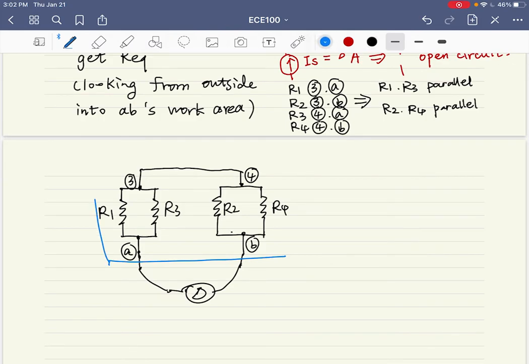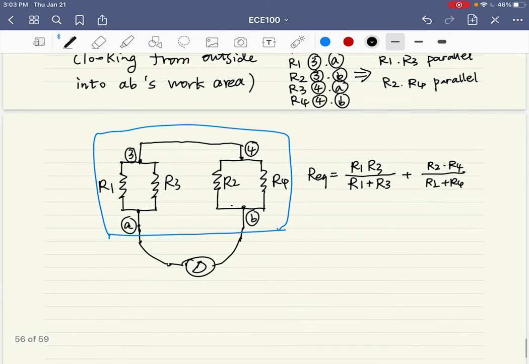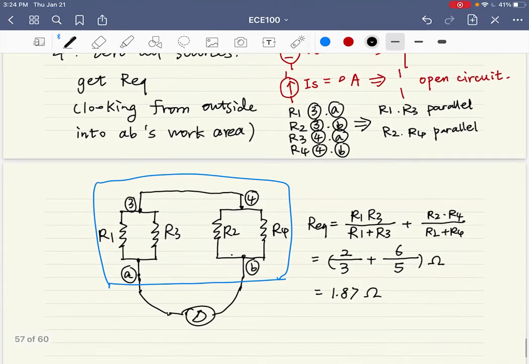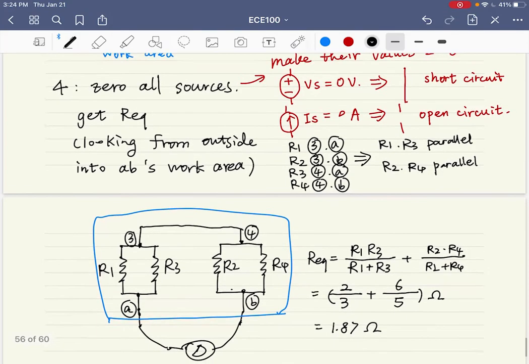And that is how we get the equivalent resistance. Let's substitute the values to check if it is the same as the other method. Okay, so R1 is 1, R3 is 2, R2 is 2, and R4. It's the same as the equivalent resistance we directly computed, right?